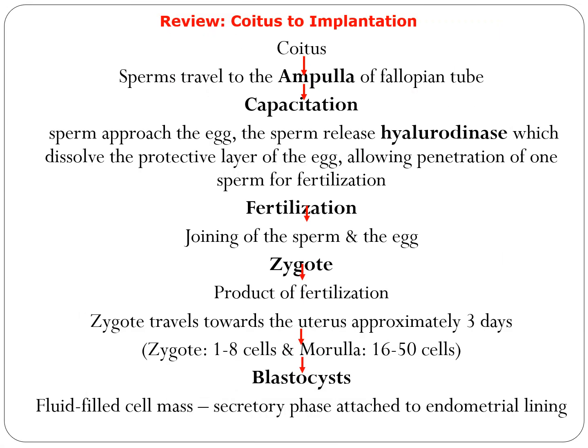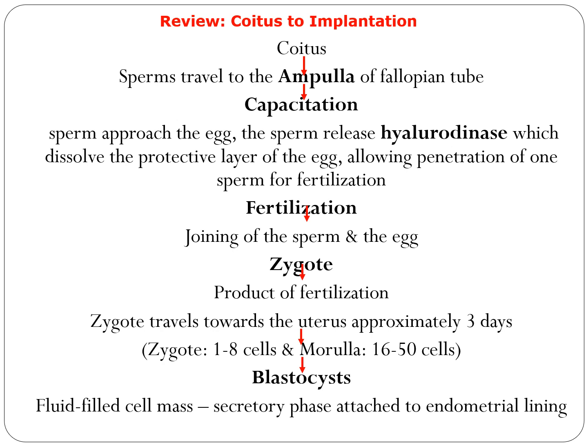Here, I have to mention the review that we have before we go to the main point of the fetal development or fetal circulation. First, remember the coitus or intercourse, where there would be a perfect combination that lets the sperm travel to the ampulla of the fallopian tube.